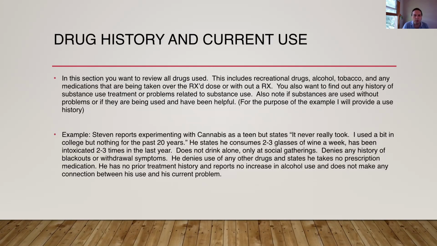So drug history and current use. In this section, you really want to get as clear of a picture of what is happening with this person in regards to substance use. And not just problematic. You want to understand if the person is using drugs or medication, even if they're not prescribed medications, in a way that's helpful, right? So you want to talk about the recreational drugs, alcohol, tobacco, any medications that are being taken over the prescribed dose.